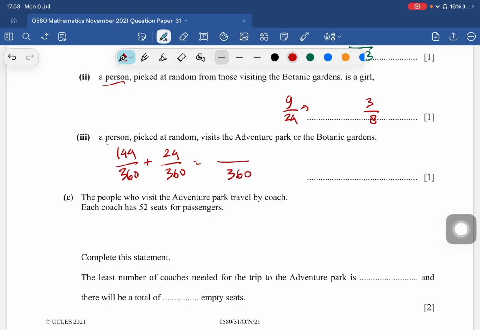We can just add 144 plus 24, we got 168. We can divide both numbers by 24, so we got 7. And then 360 divided by 24 equals 15. Here's the probability, 7 over 15.